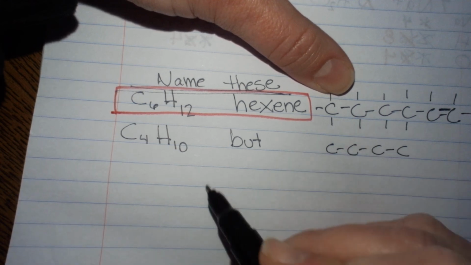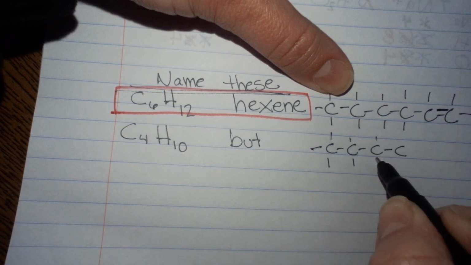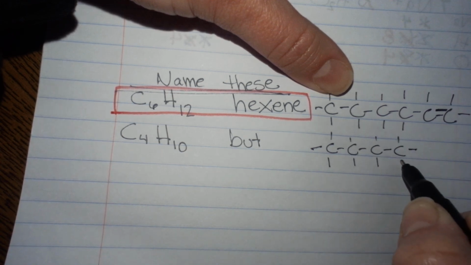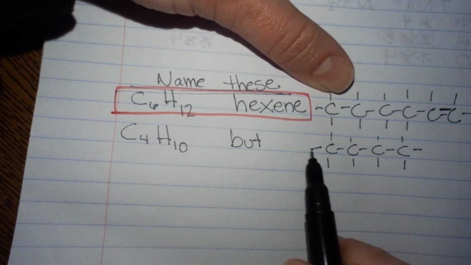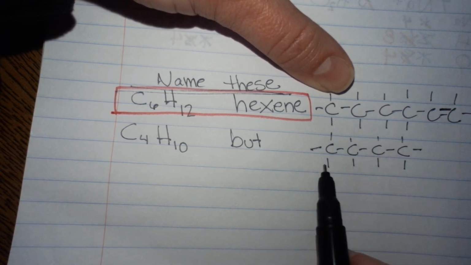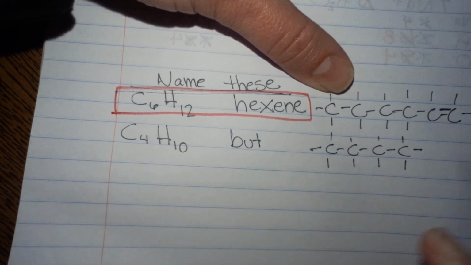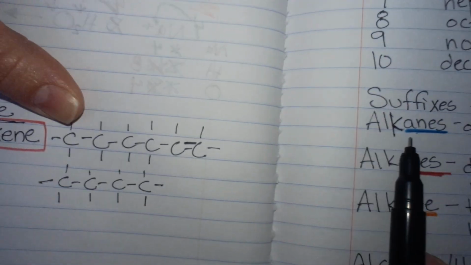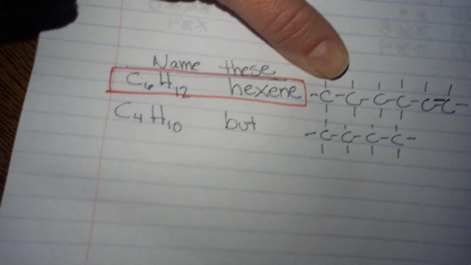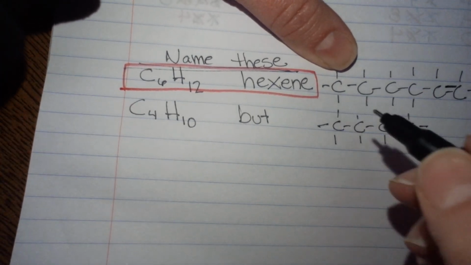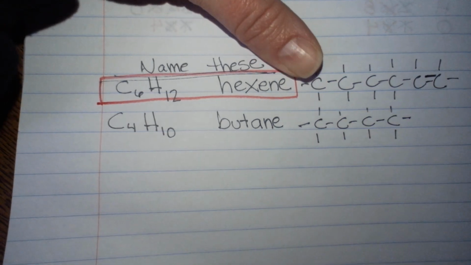I know my hydrogens, let's see how many I have. 1, 2, 3, 4, 5, 6, 7, 8, 9, 10. Well, I had enough hydrogens to satisfy all of my carbons, so I only need single bonds. That is an alkane. So I know that the name of this molecule is butane.